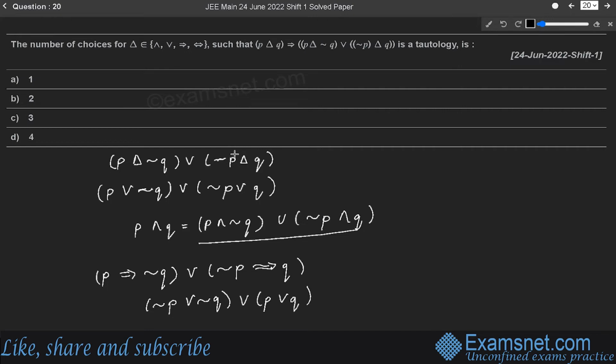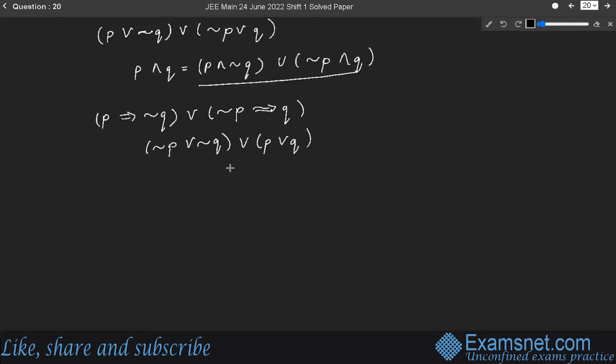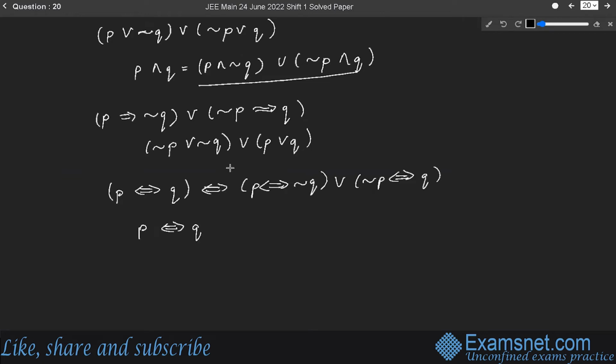And the last case is for the last symbol, P Q such that P Q union P and Q. So here we can say that the conclusion will be P is to Q is true when P and Q have the same truth values.